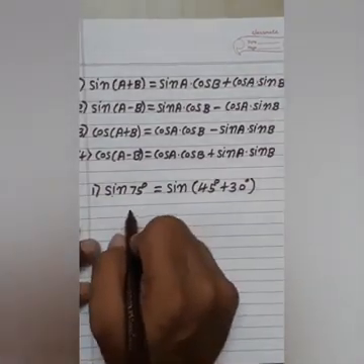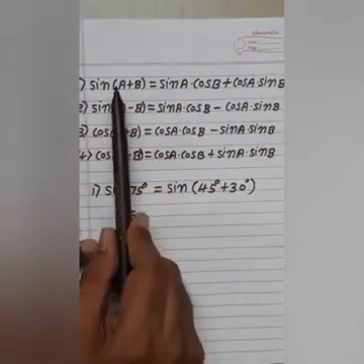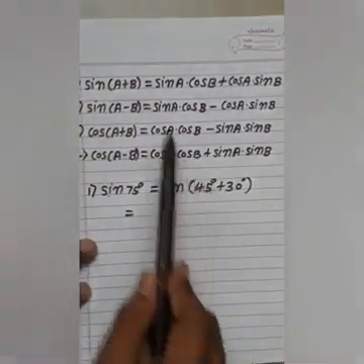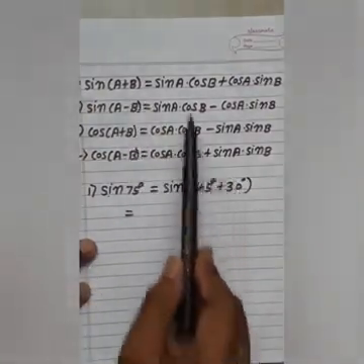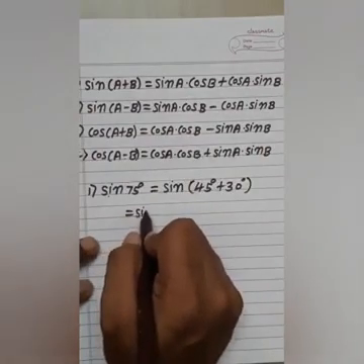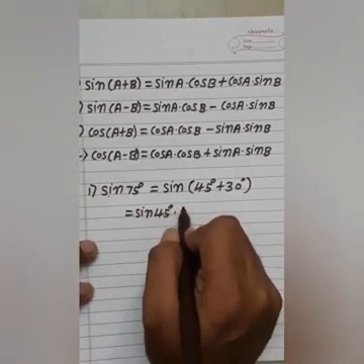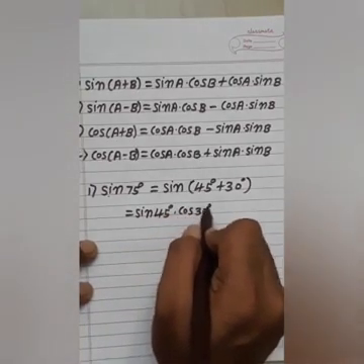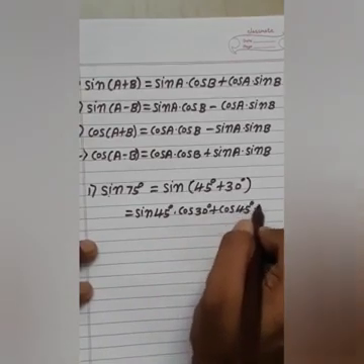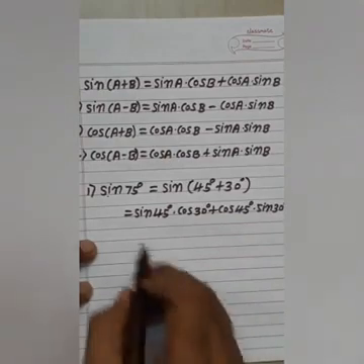Now apply the first identity here. A we consider 45 and B we consider 30 degree. So sine 45 degree into cos 30 degree plus cos 45 degree into sine 30 degree.